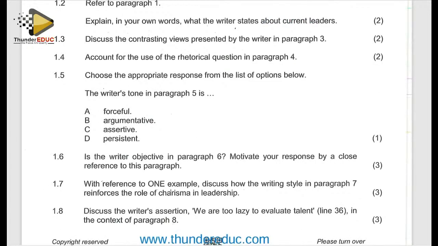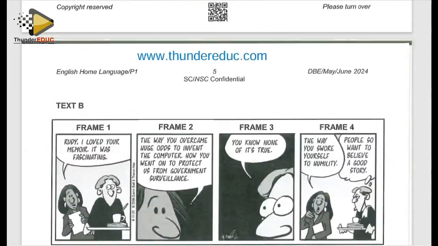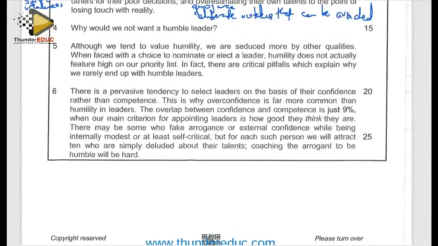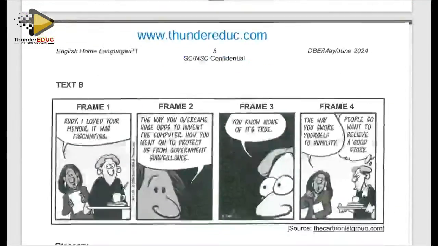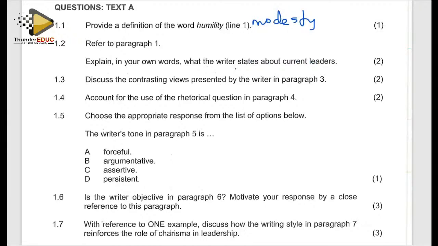It says, account for the use of the rhetorical question in paragraph 4. Okay, it's a one-line paragraph, I believe. Why would we not want a humble leader? This is thought-provoking. We call this thought-provoking.